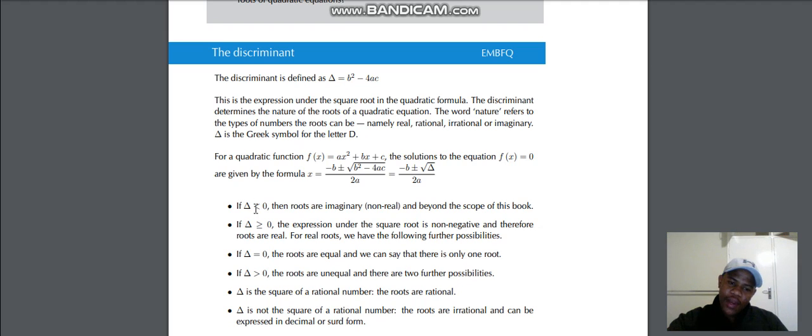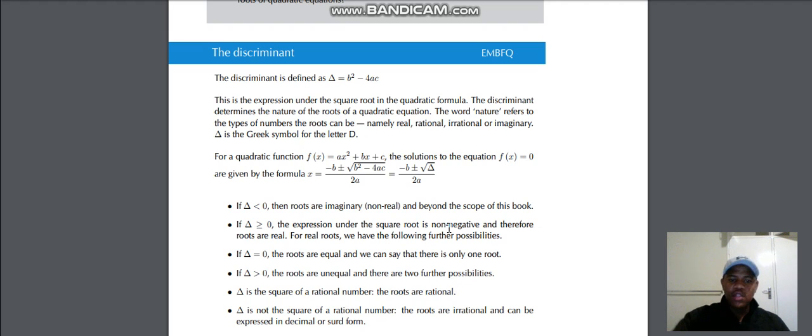If our discriminant is less than 0, then the roots are imaginary. If that thing is less than 0, it means that it's negative, and we saw that gives imaginary roots. We're not going to talk much about that, as it's beyond the scope of what we're talking about. If delta, or the discriminant, is greater or equal to 0, the expression under the square root is non-negative, and therefore the roots are real.